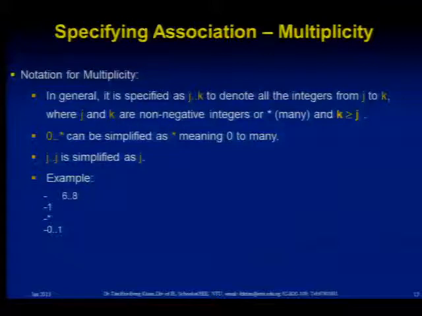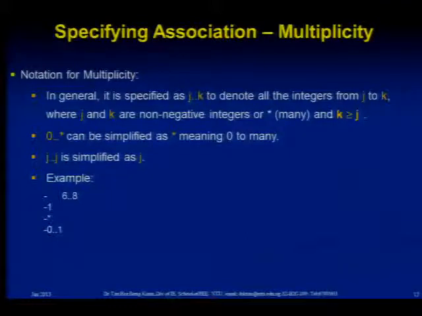This is the general format to specify multiplicity: J dot dot K. Both J and K must be non-negative integers, J can be 0. And K can be a non-negative integer or an asterisk, representing any value.